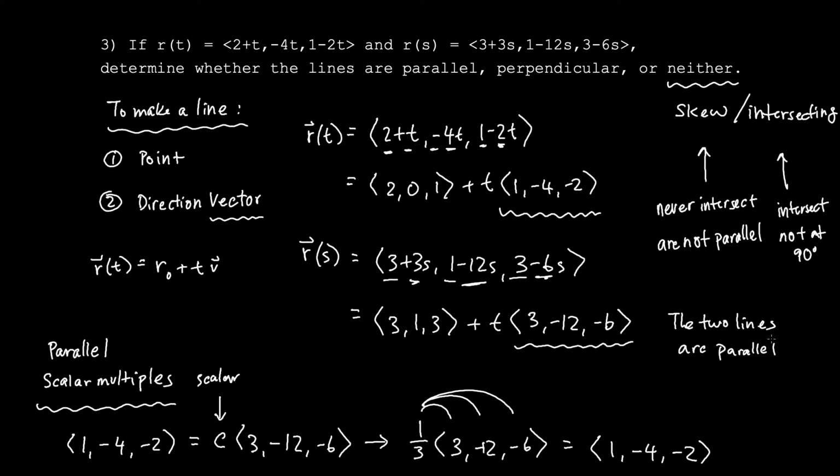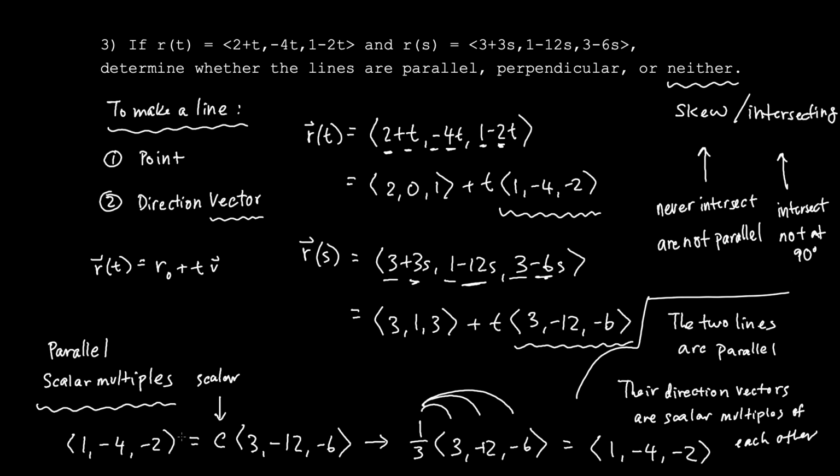We know this because their direction vectors are scalar multiples of each other. Our scalar here would be 1/3, and that would make both direction vectors equal to each other.